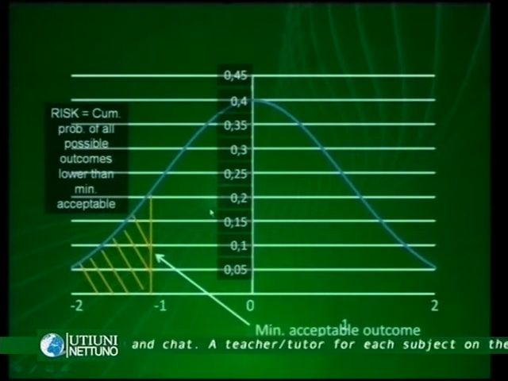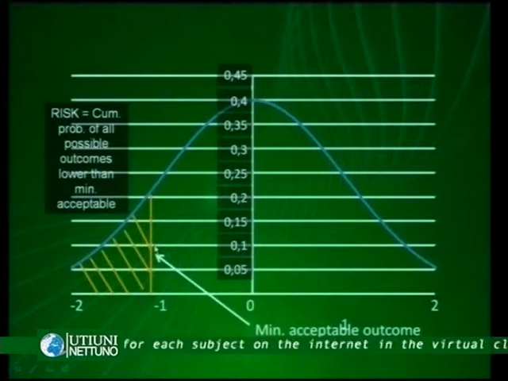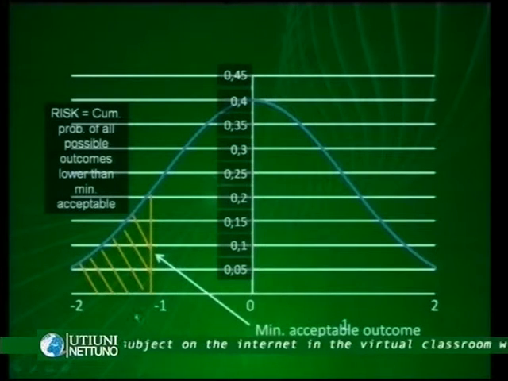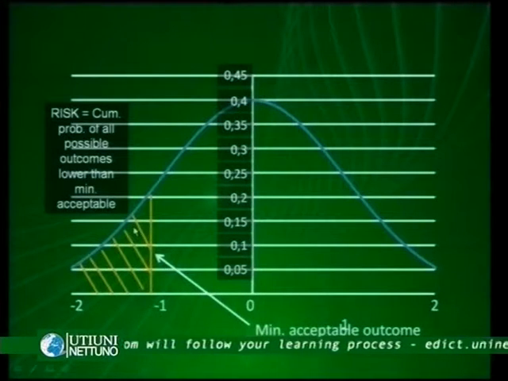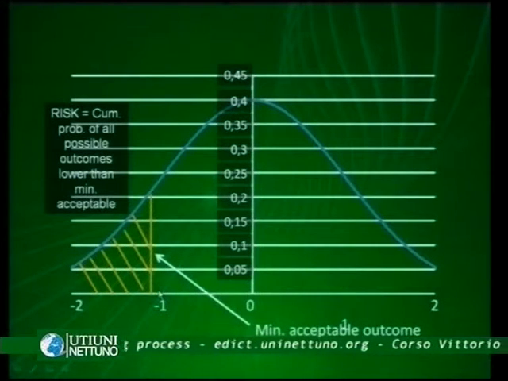So what we can observe here is that the probability distribution allows us to determine what is the total probability of having an outcome that is lower than the minimum outcome that we consider acceptable. So in other words, here we can analyze the cumulative probability distribution of all the outcomes that are at the left of what we define as minimum acceptable outcome.